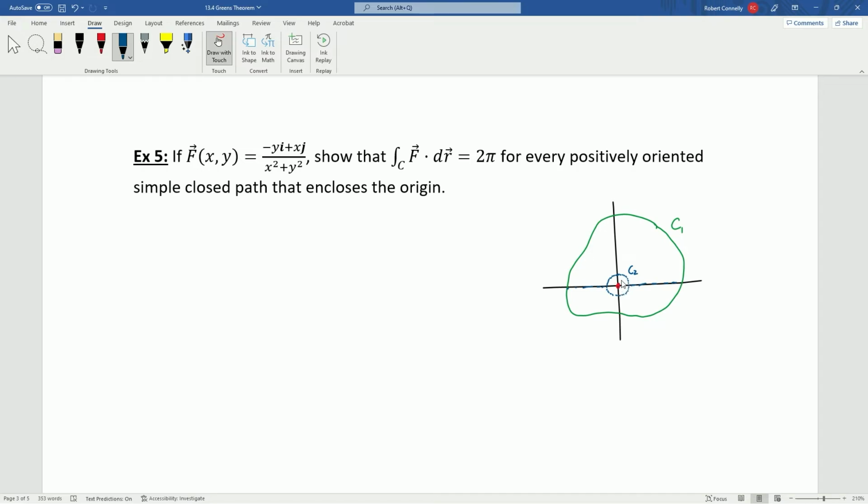Of course, we can make this circle as small as we want, which tells us that there's really no difference between the integral over this region and just excluding the hole itself. So here, our boundary for our region is really just C1 unioned with negative C2.